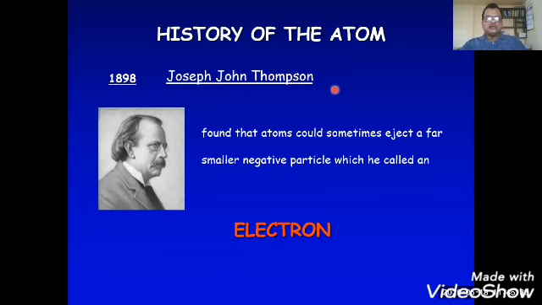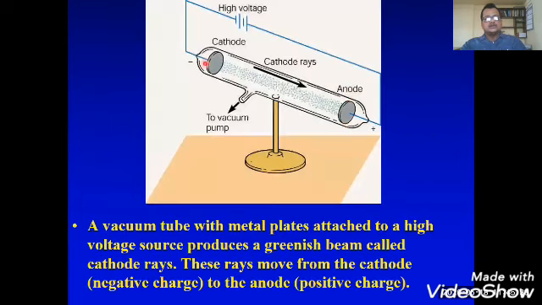What is a cathode ray experiment? So this is a cathode ray tube. It is around 60 centimeters in length, sealed at both ends, and each end carries a metal electrode.